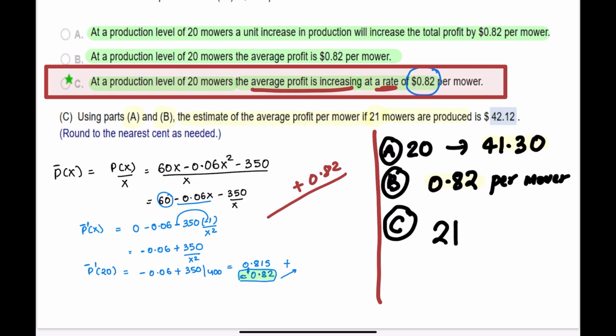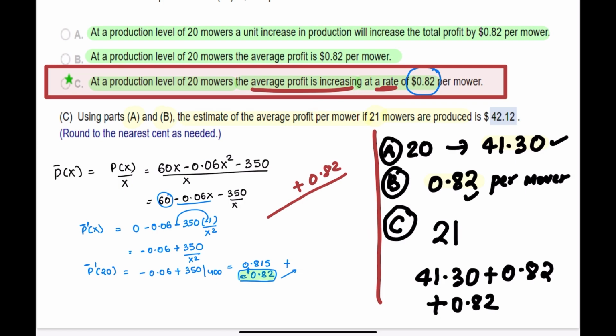Of course I can. I know what my profit for 20 mowers is, and I know my profit is increasing per mower. So for 20, it is 41.3. For 21, it is going to be 41.3 plus 0.82. If they ask you for 22, it's going to be plus another 0.82.